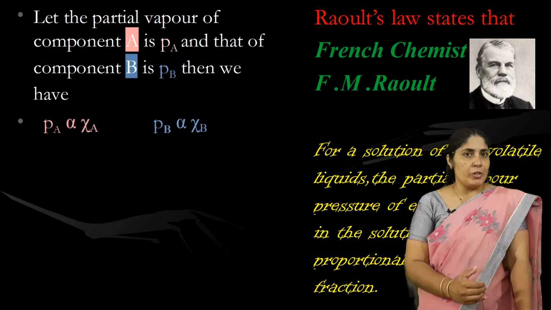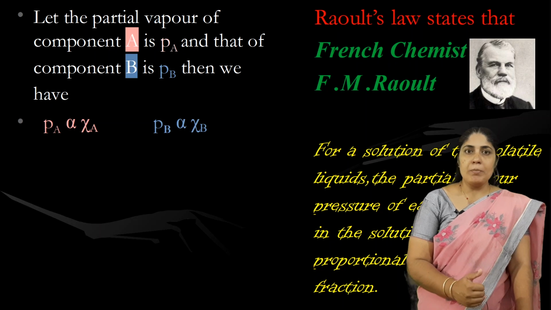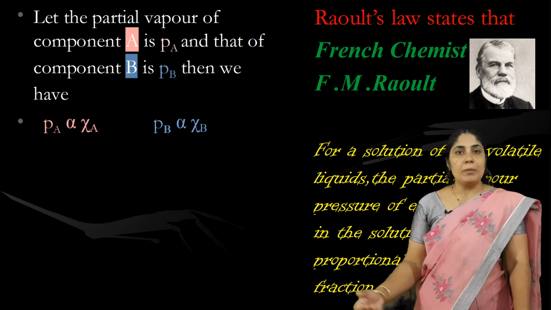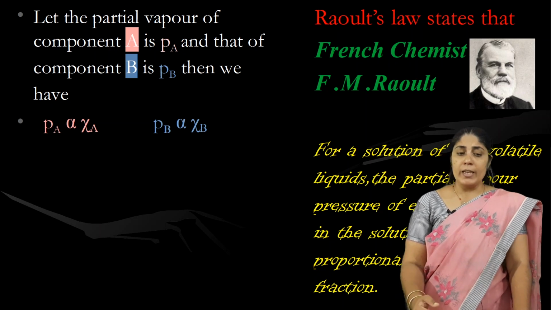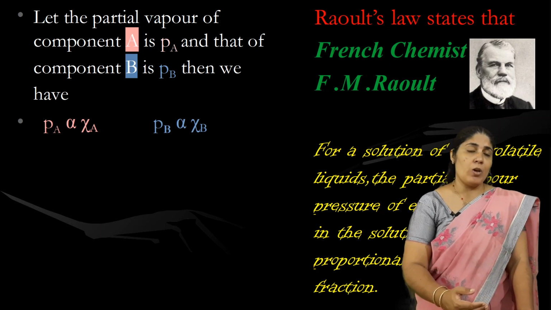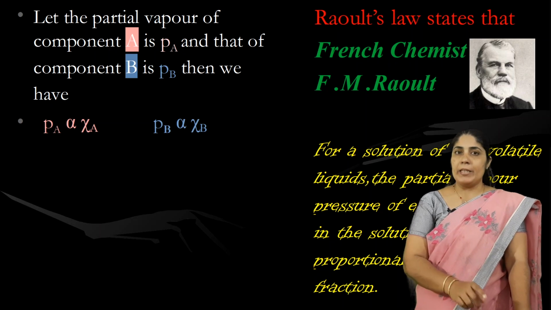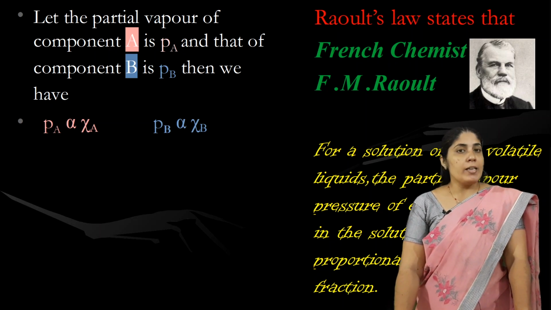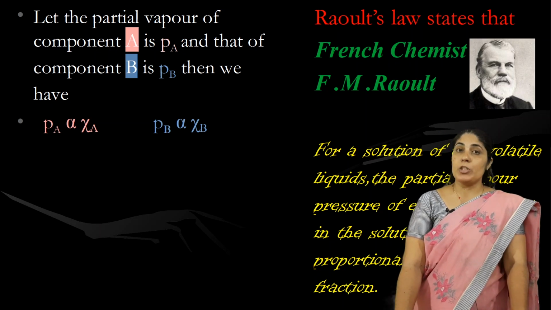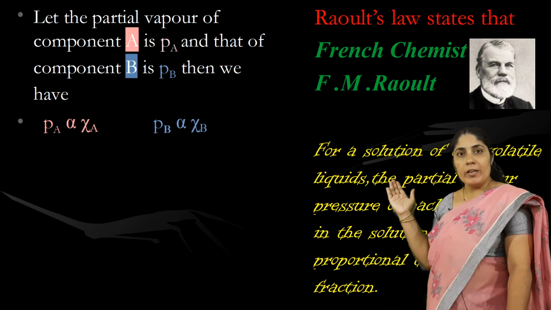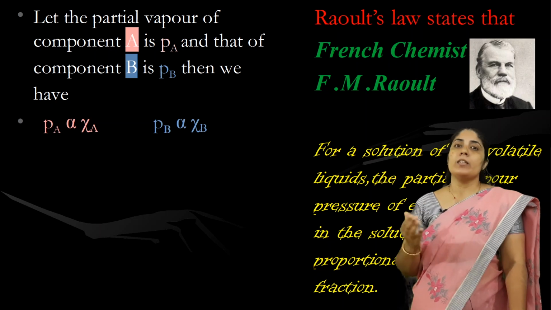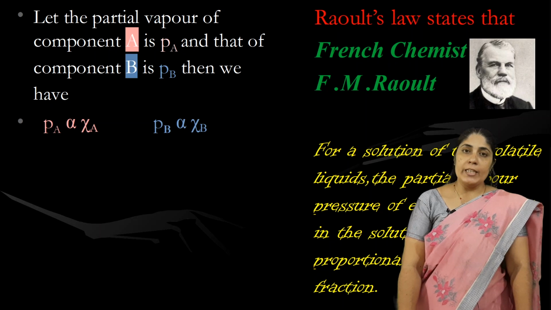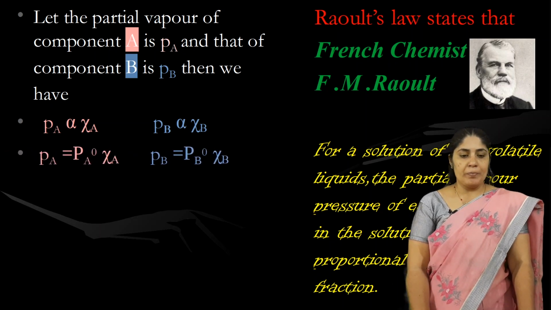Let the partial pressure of the component A be PA and the partial pressure of the component B be PB. Then we can have the expression according to Raoult's law as PA directly proportional to chi A and PB directly proportional to chi B, where chi A and chi B are the mole fractions of the components A and B in the solution.